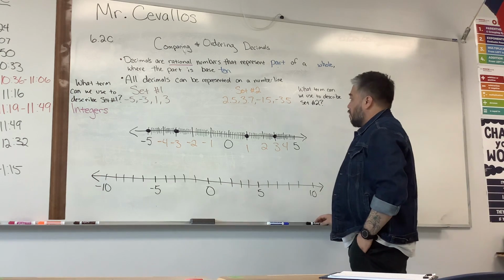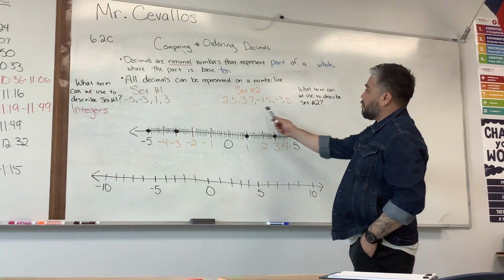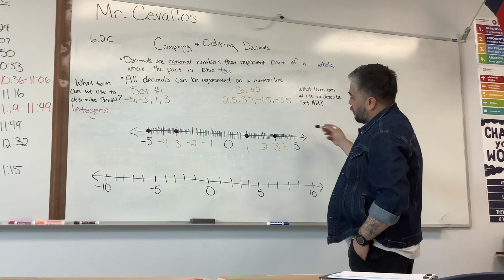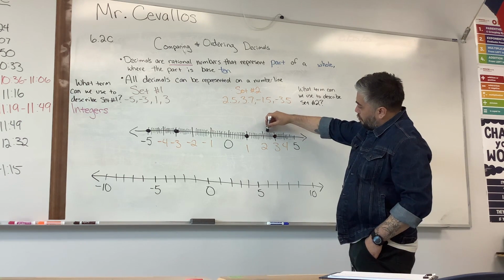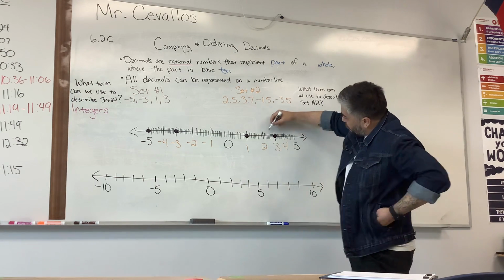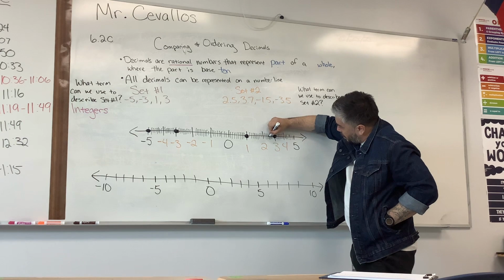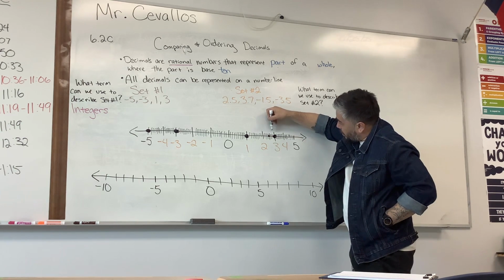Now, all we're doing here is following these decimals. 2.5, fortunately, that's going to be 2.1, 2.2, 2.3, 2.4, 2.5. You should see that that half represents the midway point between 2 and 3.